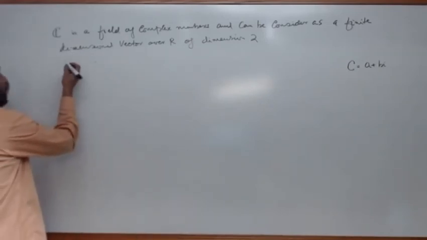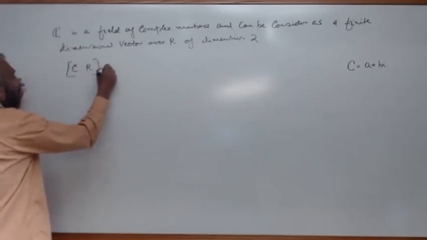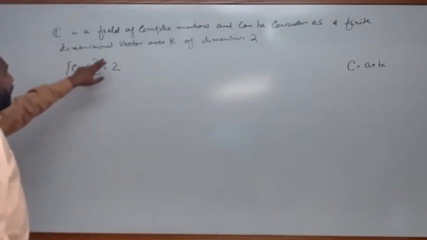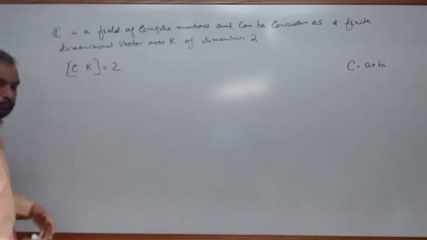So what does that mean? That means the degree of C over R is equal to 2, whether it's taken as a vector space or an extension of this field.